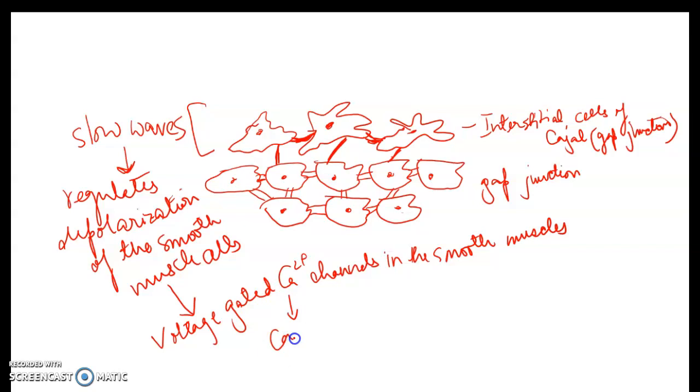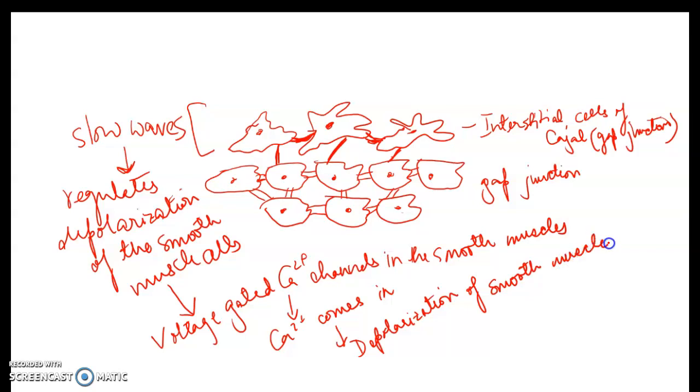And then calcium comes in, and that leads to depolarization of smooth muscles. This results in an action potential, and due to the action potential, we have a wave of contraction of the smooth muscle layer of the small intestine.